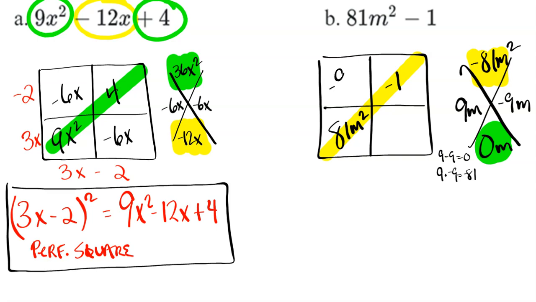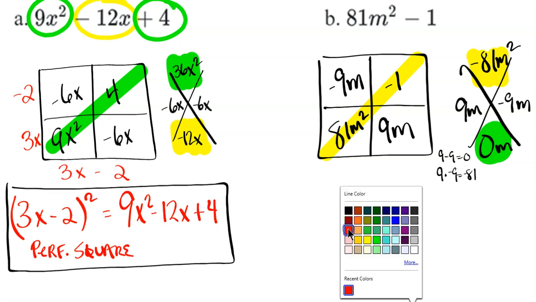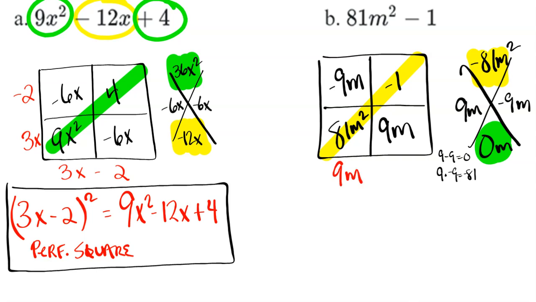So we have negative 9m and 9m for no apparent reason. Okay, and then we know that this is going to have to be 9m and 9m. And in order to get a negative 9m, we need a negative 1. And in order to get a positive 9m, we need a positive 1. And 1 times negative 1 is negative 1.